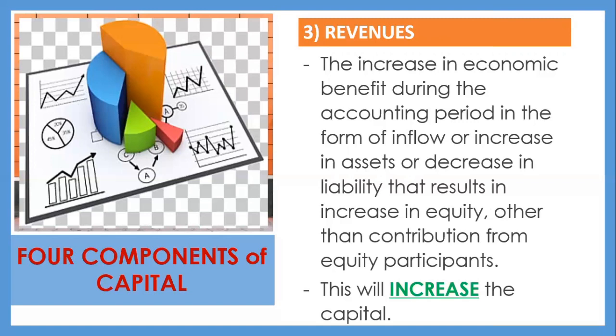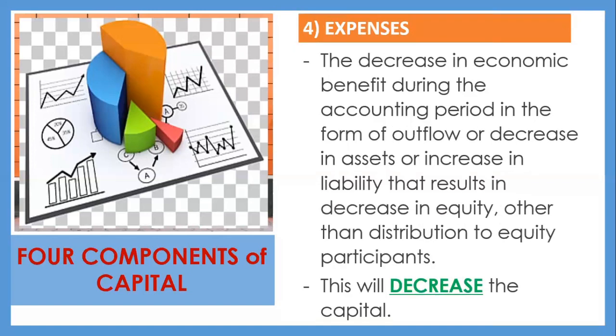And finally, the last component of capital is expense. Expense is the decrease in economic benefit during the accounting period in the form of outflow or decrease in assets or increase in liabilities, which results in a decrease in equity other than distribution to equity participants.